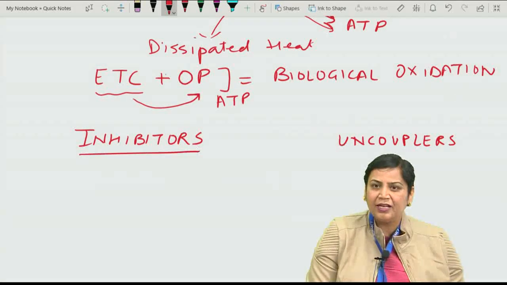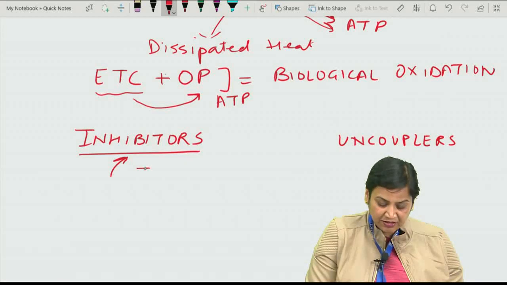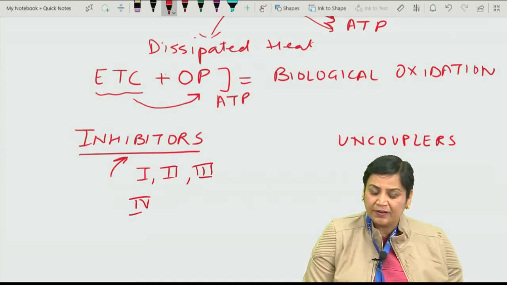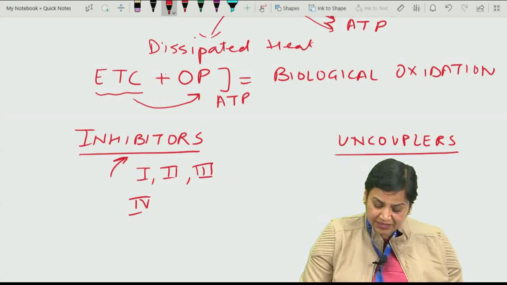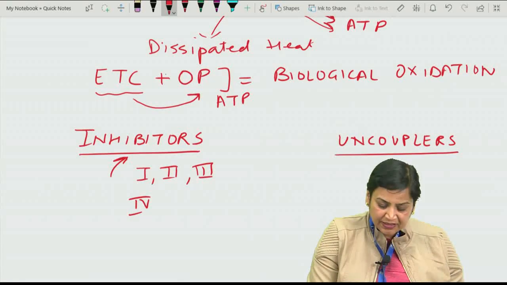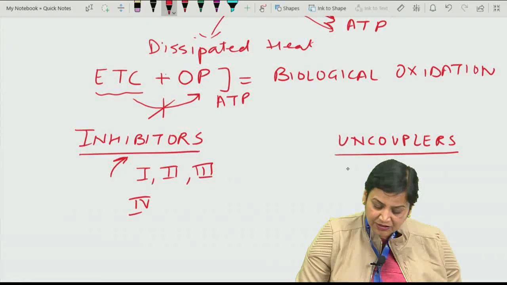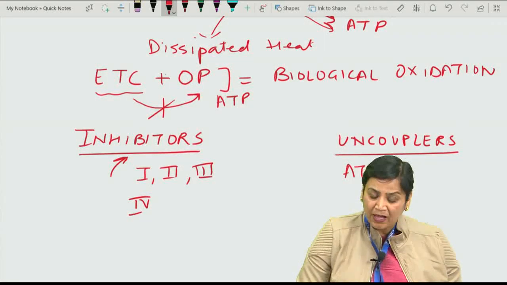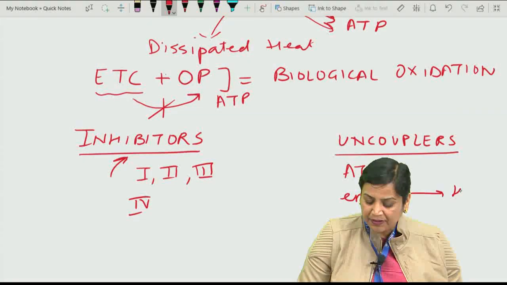Let's take inhibitors. It is clear from the word, they are inhibiting a particular complex, whether it is complex 1, complex 2, complex 3 or complex 4. Uncouplers means they are uncoupling a particular process. Uncouplers are the ones which won't let the synthesis of ATP happen, or the energy will be liberated in the form of heat.